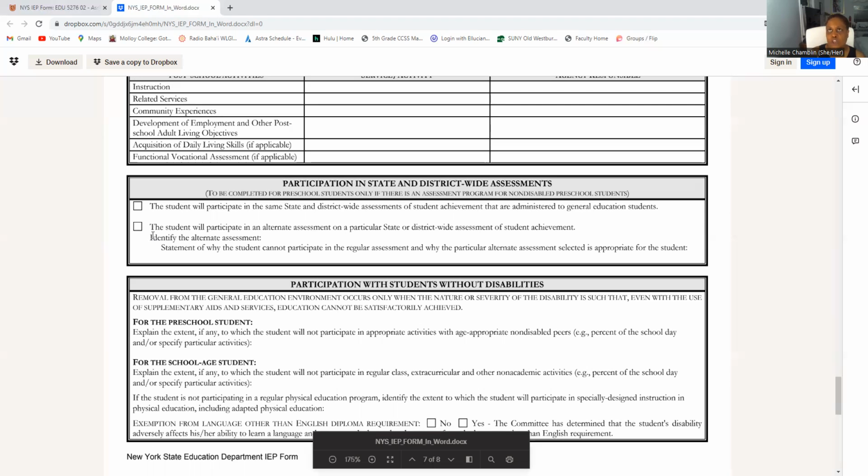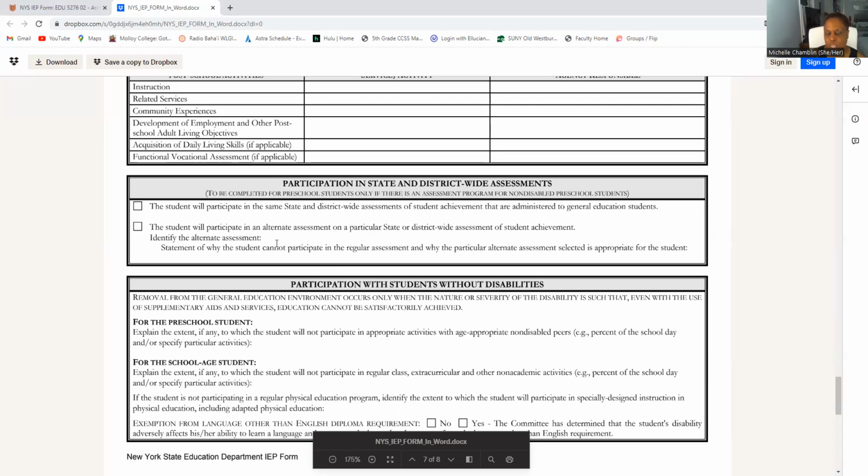Not a huge amount are taking the alternate assessment. It seems to be the paradigm shift that as many students that can take those district assessments are encouraged to go in that direction.